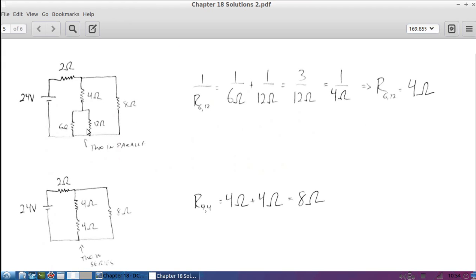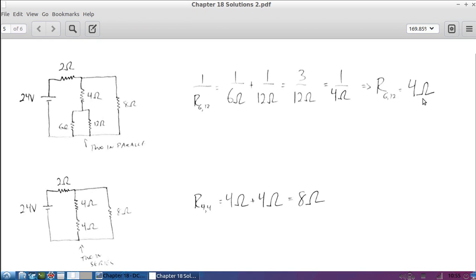So that's what I'm doing here, right? I'm taking the 6 ohm and the 12 ohm, and they are in parallel. So I add them up like I do with parallel resistors. They've got nice denominators, so I can find a common denominator. 1 over 4 ohms is my result. Don't forget to flip.